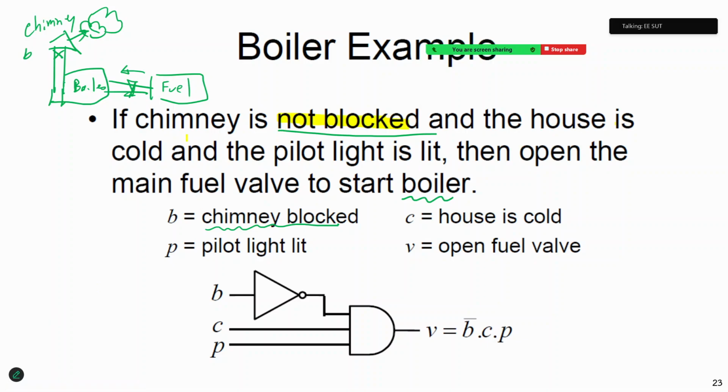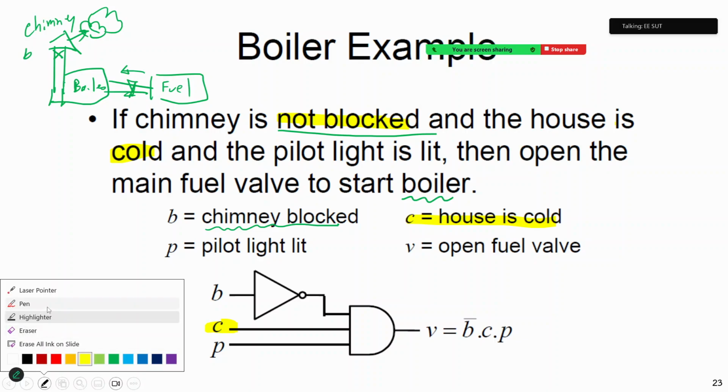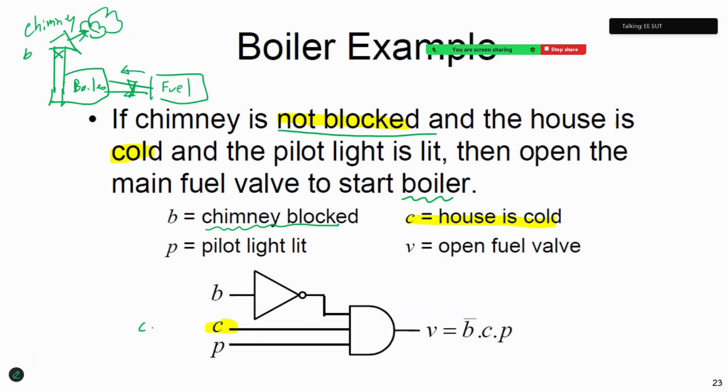The house is cold. The C signal may come from some temperature sensor, maybe a temperature sensor in degrees Celsius. And the pilot light is lit.